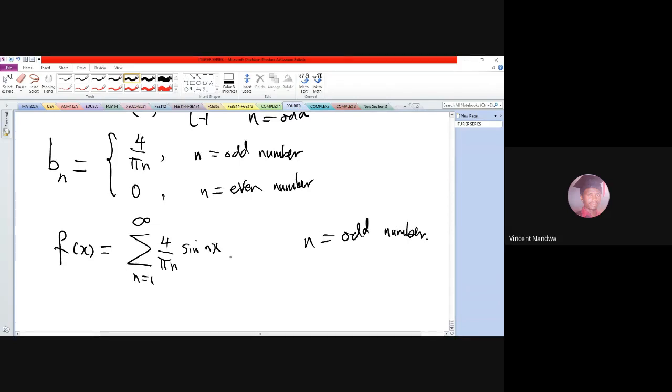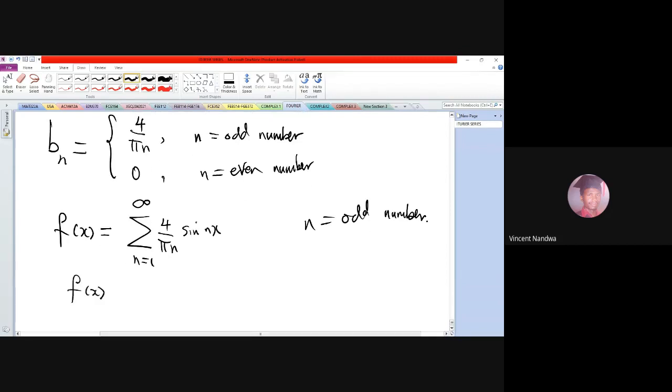Hence, we can write it as 4 over pi summation n from 1 to infinity of sine nx over n, n is an odd number.